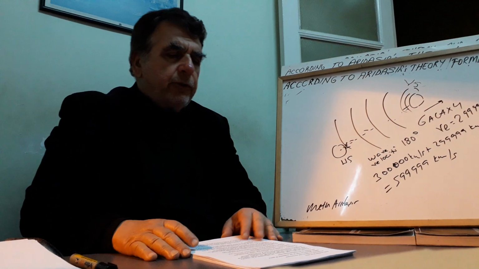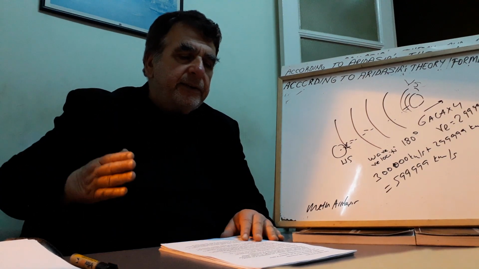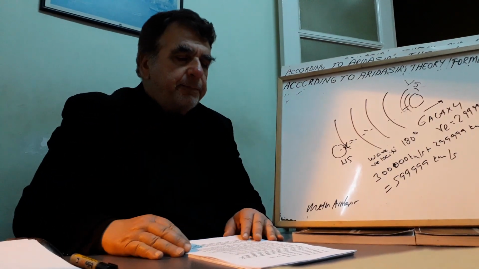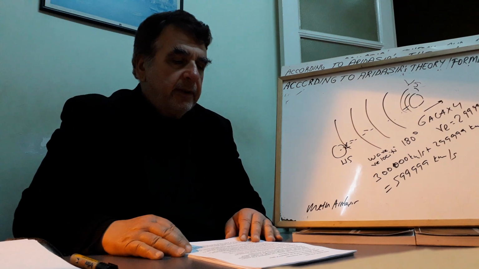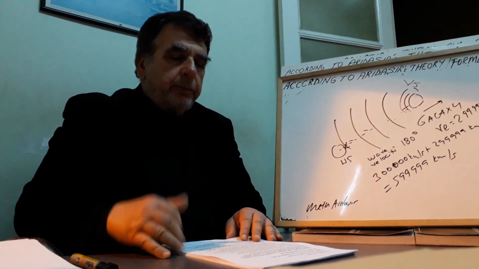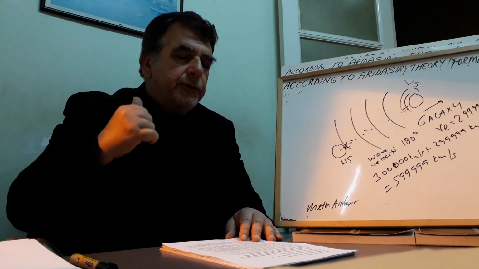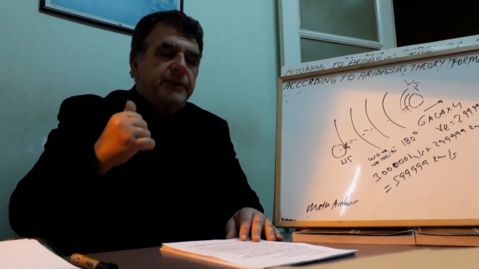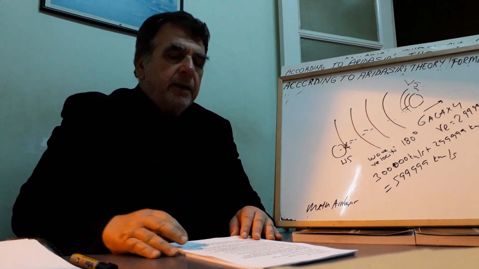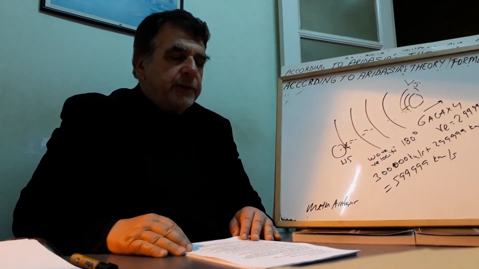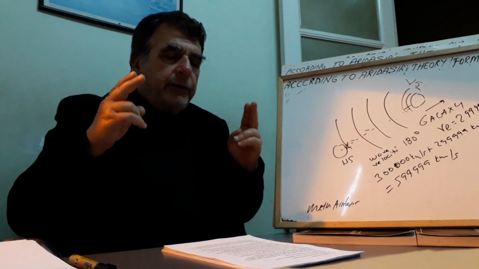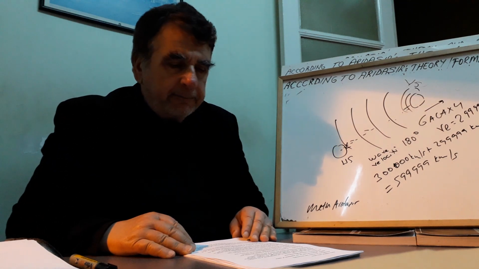As a result of my formulas, as the source velocity approaches the speed of light, the light velocity in the opposite direction, 180 degrees, will be almost twice the value of the speed of light. It will arrive at the observer at almost 2 times greater velocity.